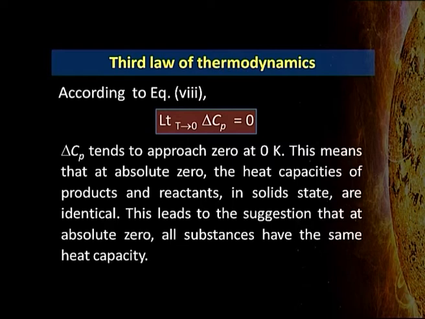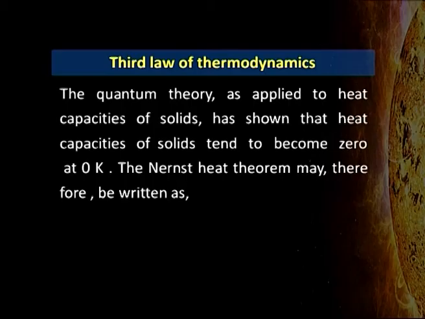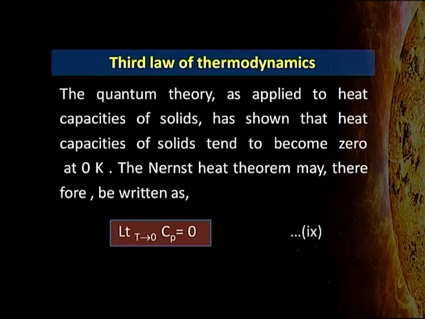This leads to the suggestion that at absolute 0, all substances have the same heat capacity. The quantum theory as applied to heat capacities of solids has shown that heat capacities of solids tend to become 0 at 0 Kelvin. The Nernst heat theorem may therefore be written as the limit of Cp when T approaches 0 is equal to 0. This is our equation number 9.